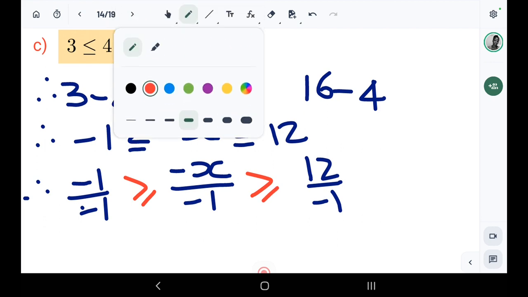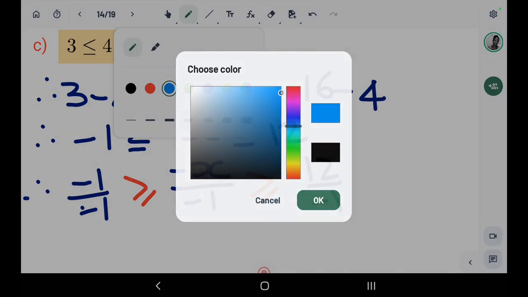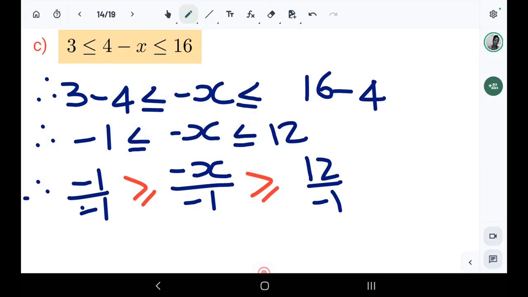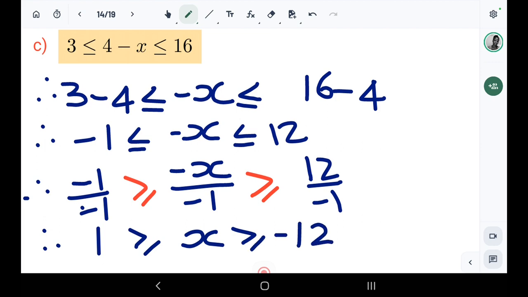And therefore you have, let's go back to our color. And therefore you have 1 is greater than or equal to x, greater than or equal to negative 12. And now you switch them around again.